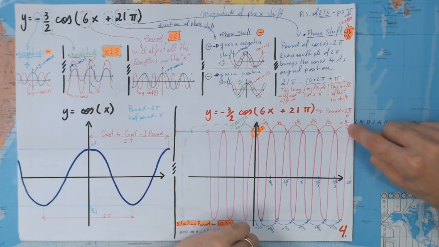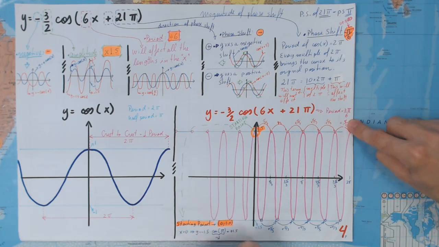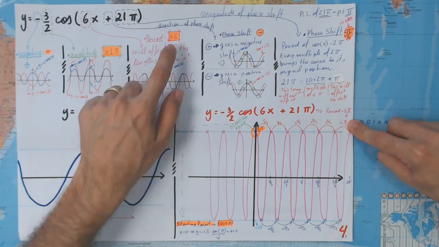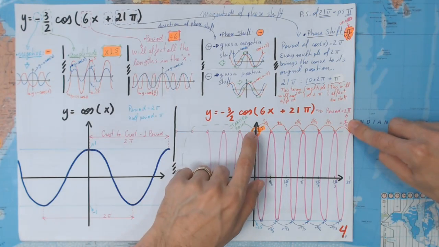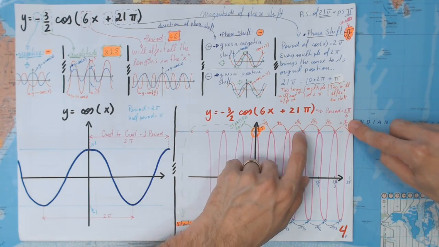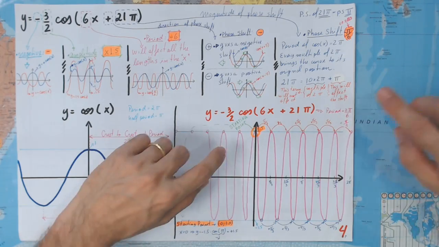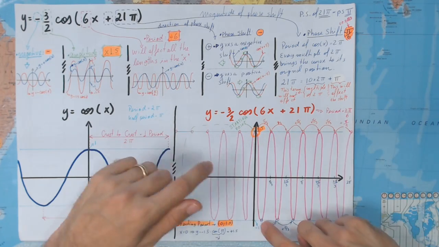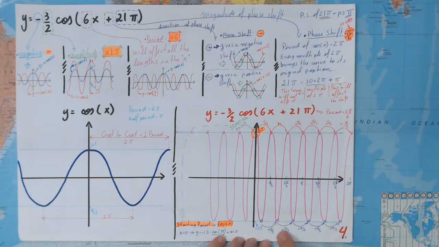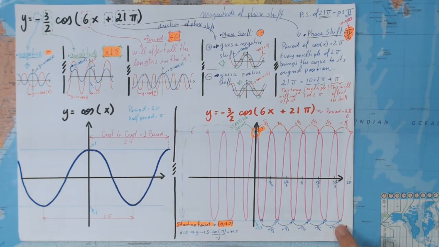Our new period is going to be pi over 3 because it is the original period divided by 6. Then just start adding, okay, crests, and we know that between two crests we have a trough, and between troughs we also have the same period, okay?